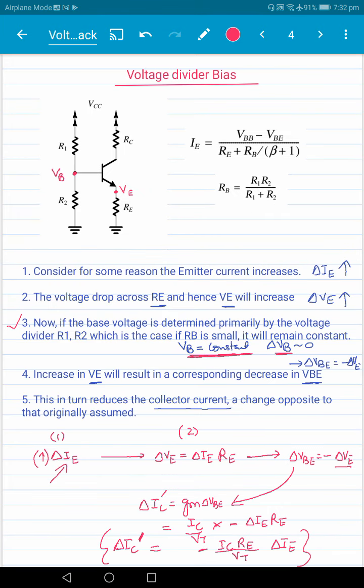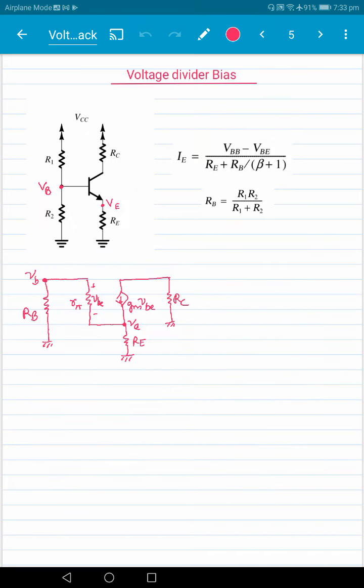So we'll go through the same steps, but now with the following difference here. So the idea is that yes, an increase in delta IE, let's say, will cause a change in delta VE equal to delta IE times RE. That's fine.